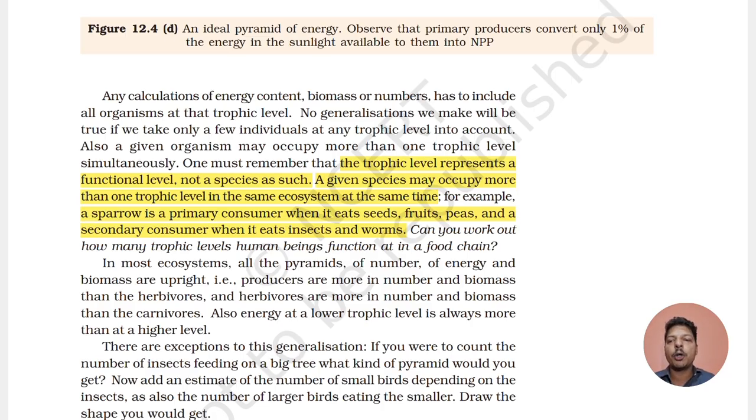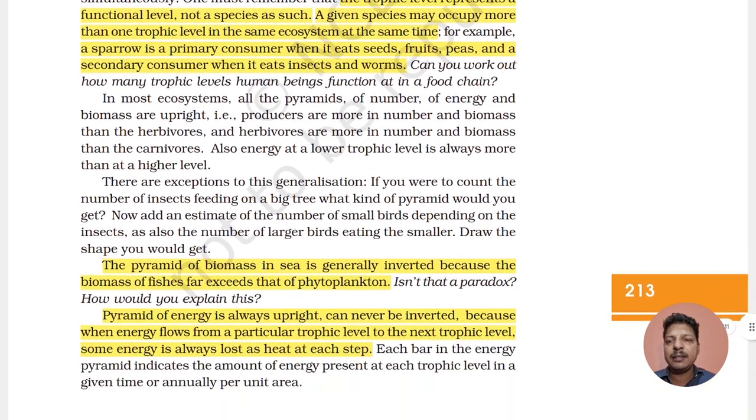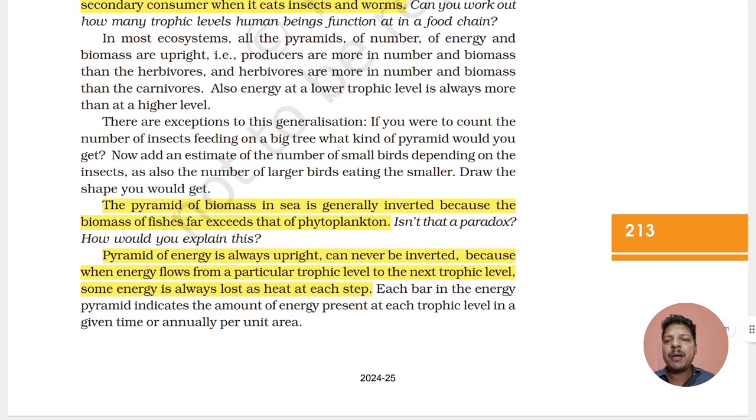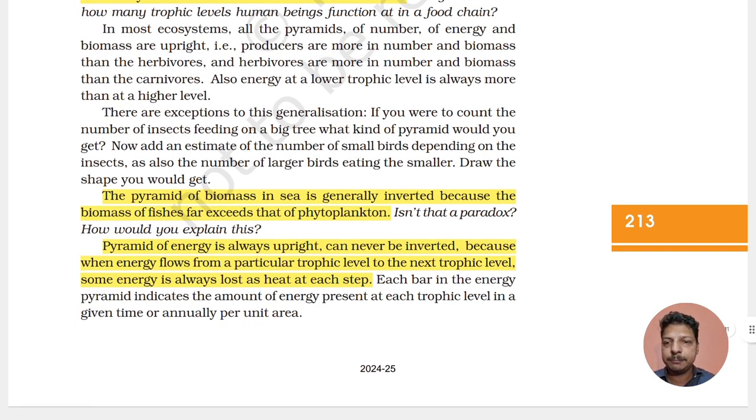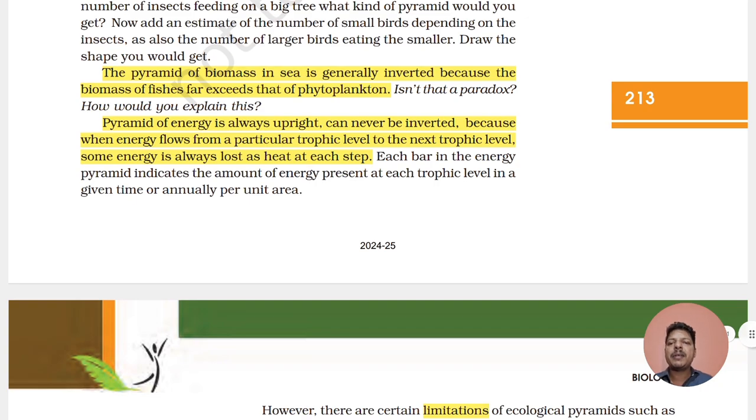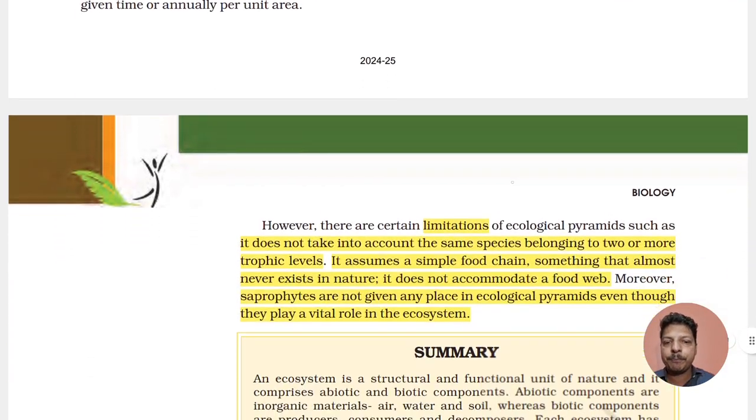A given species may occupy more than one trophic level in the same ecosystem at the same time. Example, sparrow is taken. Then, the pyramid of biomass in sea is generally inverted because the biomass of fishes far exceeds the phytoplankton. Pyramid of energy is always upright, can never be inverted, because when energy flows from a particular trophic level to the next one, some energy is always lost in the form of heat at each step.